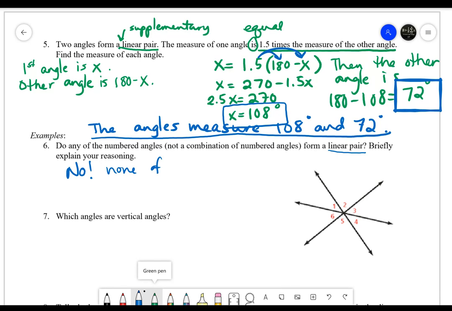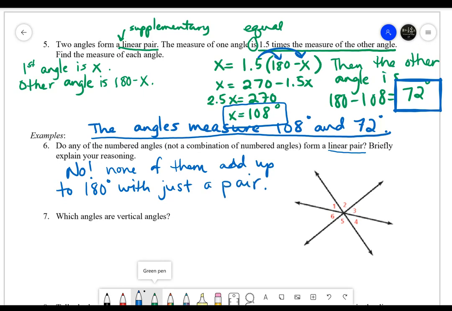So we'll say something like, none of them add up to 180 degrees with just a pair, meaning 2.